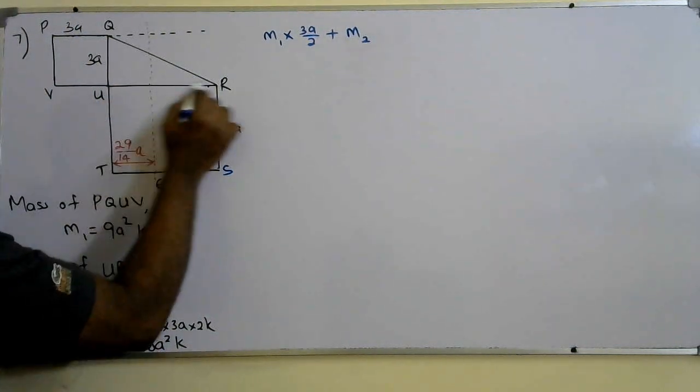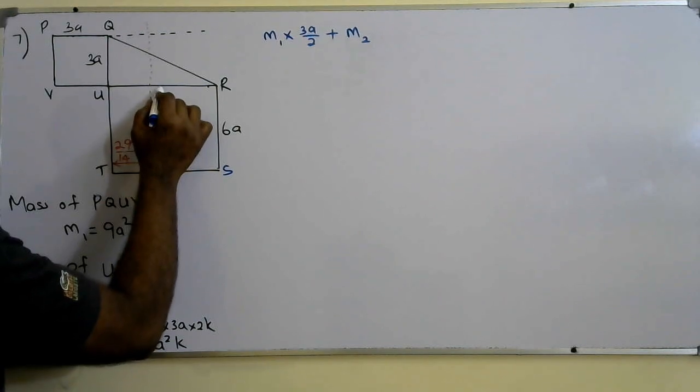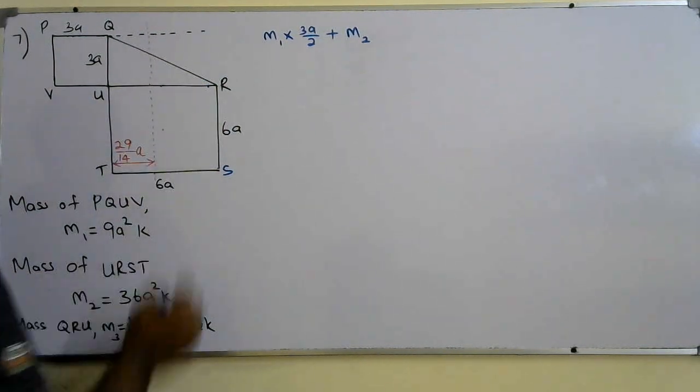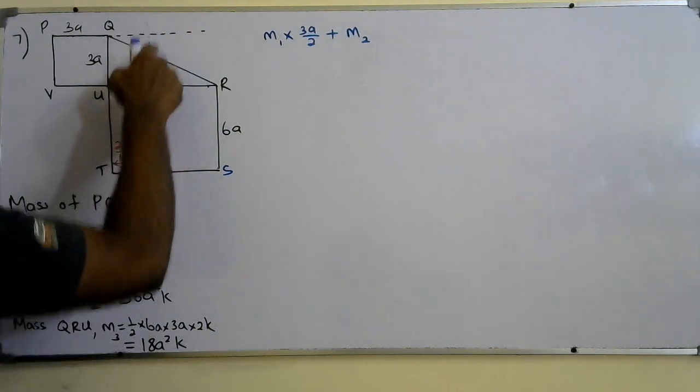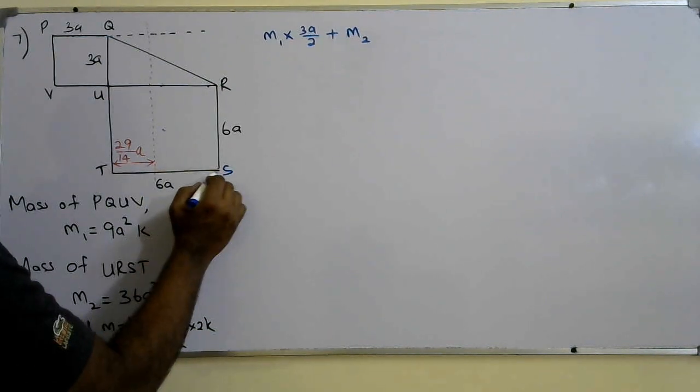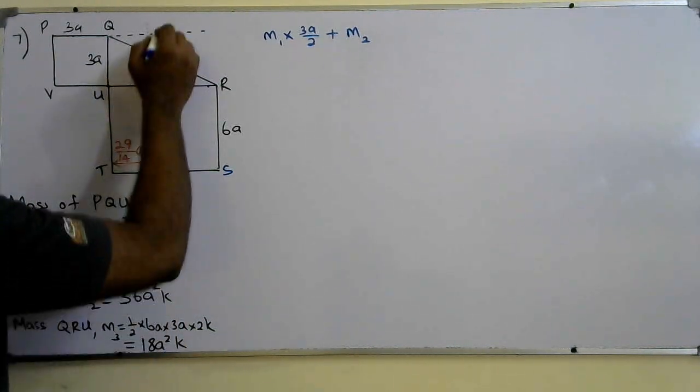The center of mass of this square is at 3A from this line, so from PQ, the center of mass of the square URST will be 3A plus 3A, which is 6A.